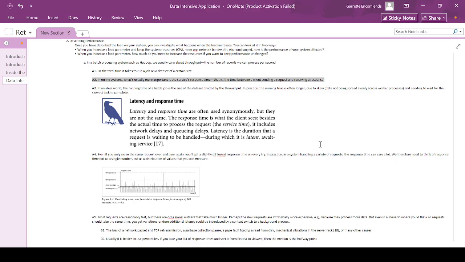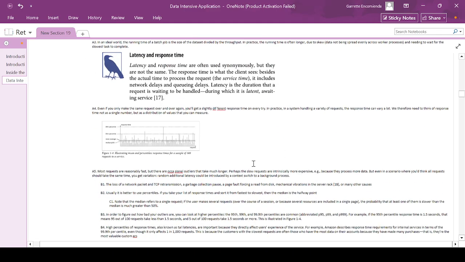In an ideal world, the running time of a batch job is the size of the dataset divided by the throughput. In practice, the running time is often longer due to skew, data not being spread evenly across worker processes, and needing to wait for the slowest task to complete.